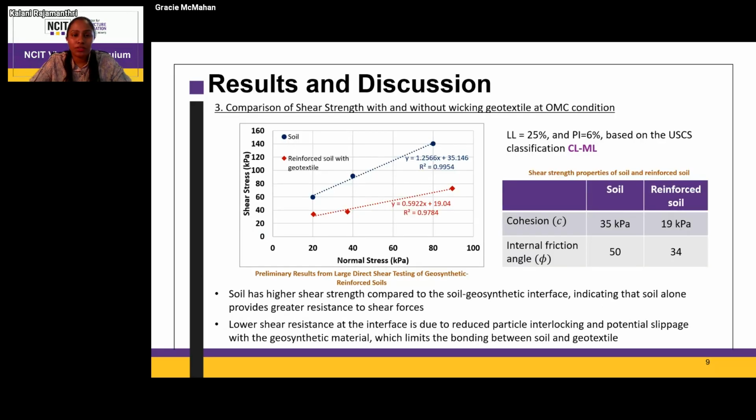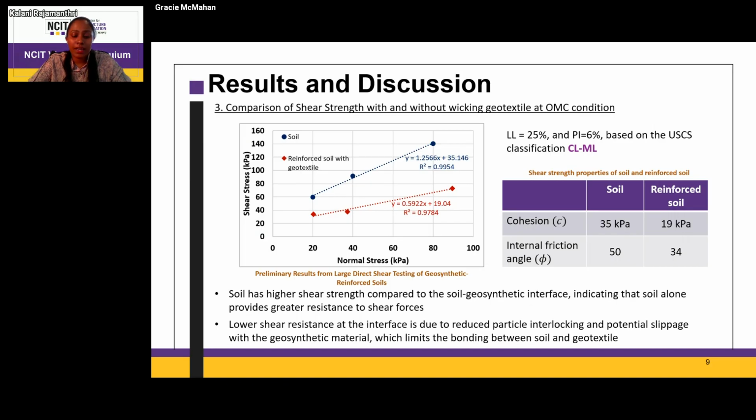This is the last result. It compares the shear strength with and without the geotextile at optimum moisture conditions. The graph shows that the regular soil has a higher shear strength compared to the geosynthetic-reinforced soil, especially as normal stresses increase. It indicates that the soil alone resists shear forces better.